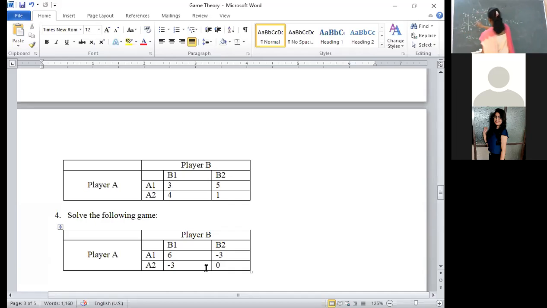Minus, again cross multiplication, A12 into A21. You can write A21 into A12 or A12 into A21, it doesn't matter.